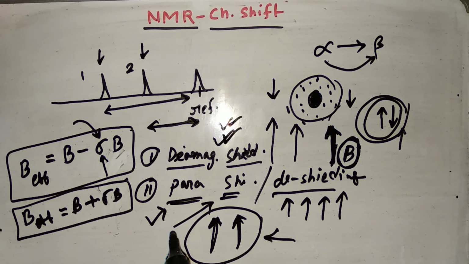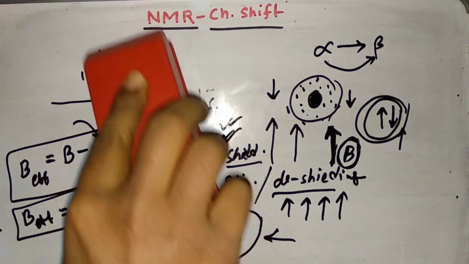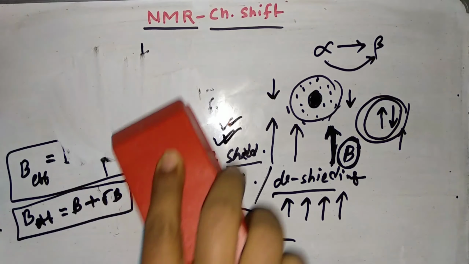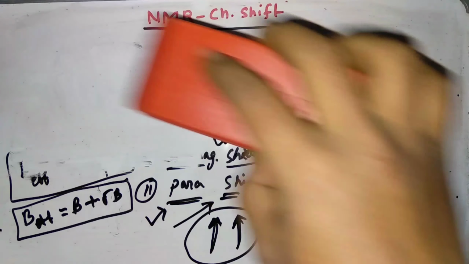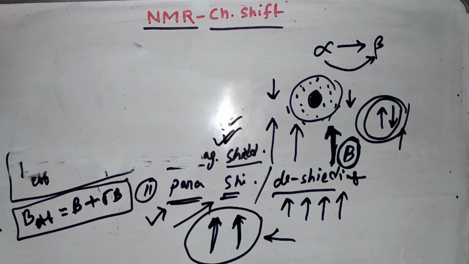Now coming to the next important picture I want to show you, that is how, in a system, the movements of electrons are occurring.